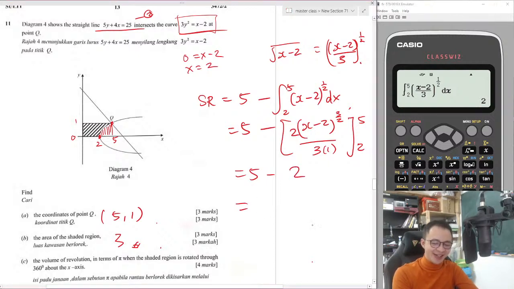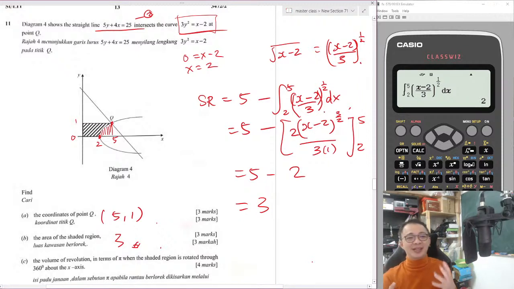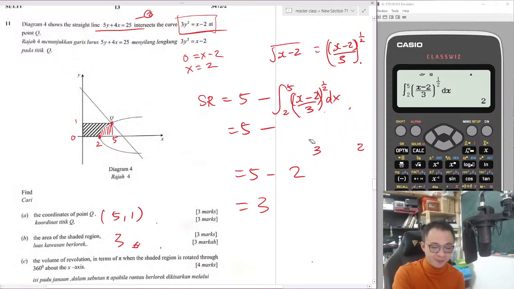So eventually I will get a 3 here. Yeah, this equation is like this. So when you do this like this, you kind of need to take out the thing here. So yeah, this integration is wrong also.